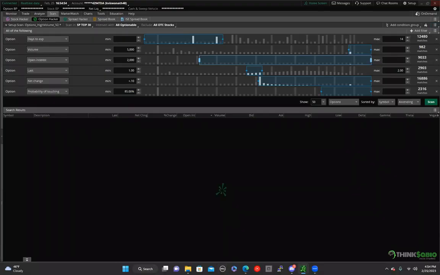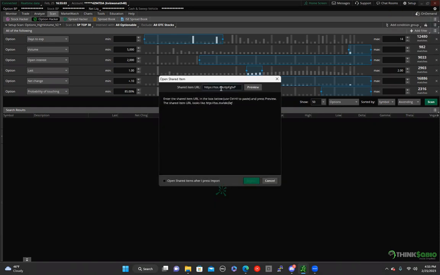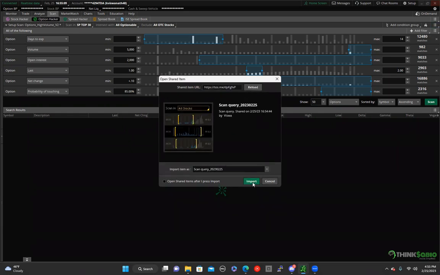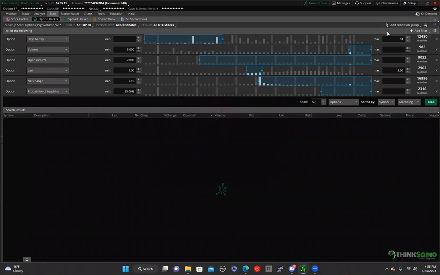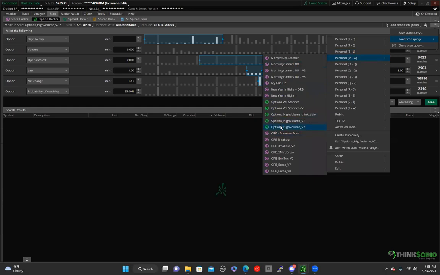If anyone wants to use it, all you have to do is copy that link, go to Setup on your Thinkorswim, open Shared Item, paste the link that I shared in the chat, click Preview, and then you can import it. You'll find it here in the Load Scanner. If you save it, you'll find it as this one.